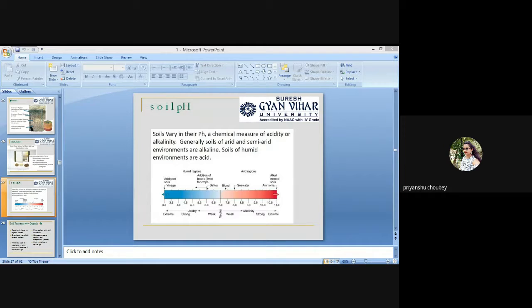Iron behaves like aluminium, but the acidity caused by iron is much less than that by aluminium. The relationship between pH and dissolved manganese is similar to aluminium.